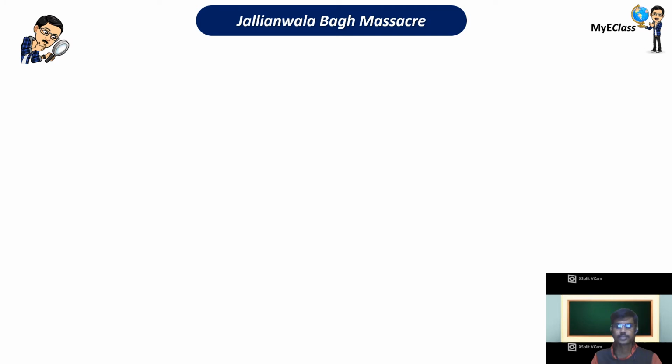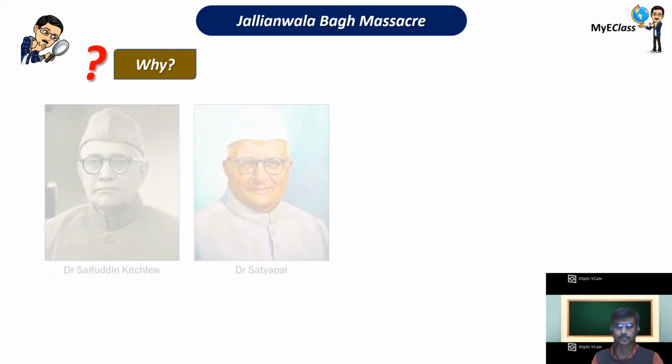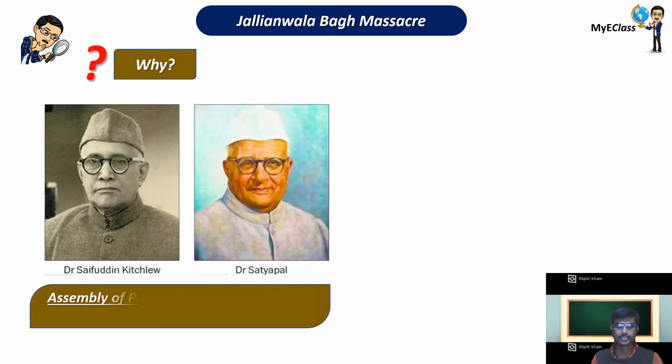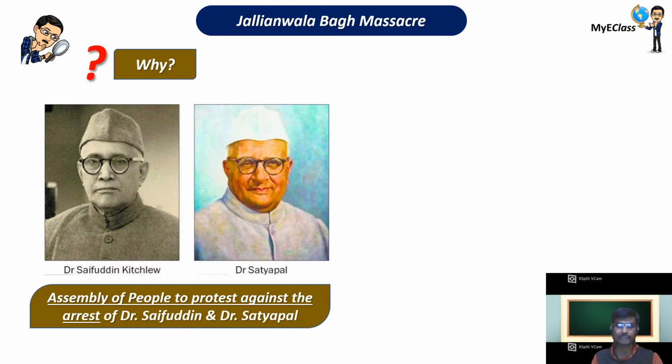Now let's learn, why did this Jallianwala Bagh massacre happen and what caused this incident to take place. You can see the image of two eminent freedom fighters of Punjab region on the screen, Dr. Saifuddin and Dr. Satyappa.